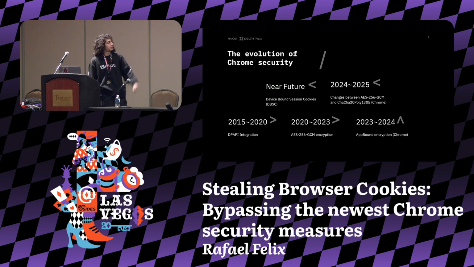Then from 2020 to 2023, we have the AES-256 GCM encryption of the state key that had the integration of DPAPI. From 2023 till 2024, Chrome implemented a new encryption called AppBound encryption, which means application-bound encryption. So everything that is encrypted gets bound by the application itself, making it more secure.